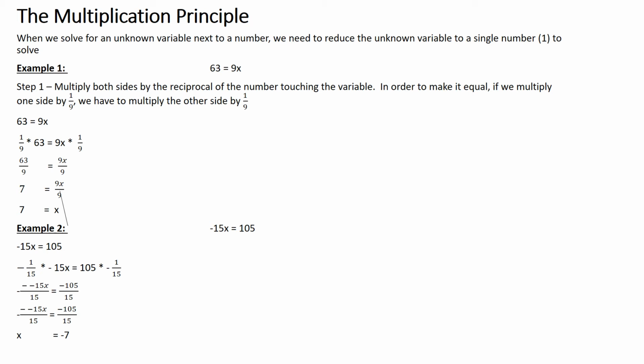So when I multiply negative 15x times negative 1/15, I get negative of a negative 15x over 15. Well, negative times negative is a positive, and 15x over 15, the 15s cross off, simply equals x. And the other side, I got 105 over 15, which is negative 7. So x equals negative 7.